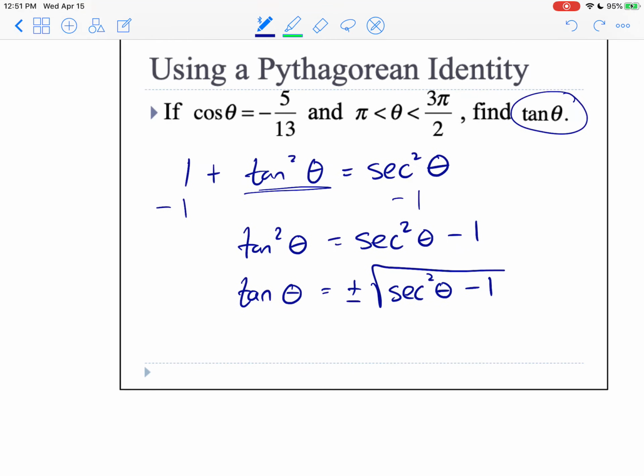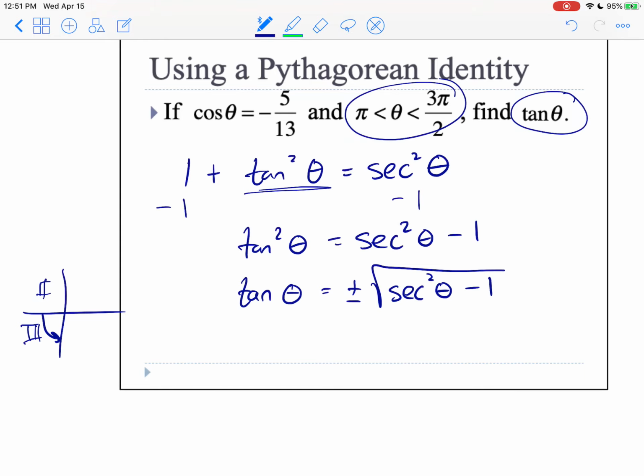All right, so if cosine is negative, that means I'm in either the second or the third quadrant. And since we're told here that we're between pi and 3 pi over 2, that means we are indeed in the third quadrant.